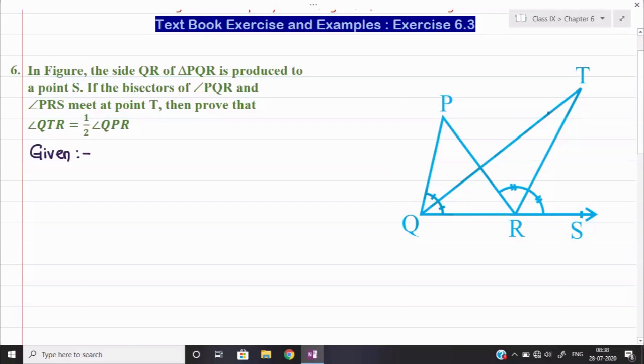Now let us see what the given is properly. Given, we shall convert, we shall manipulate in a simpler manner. So first, see, there is nothing given in the question except the two bisectors.